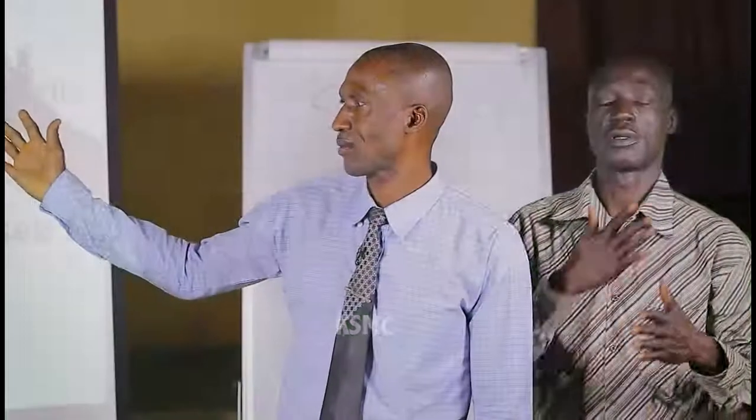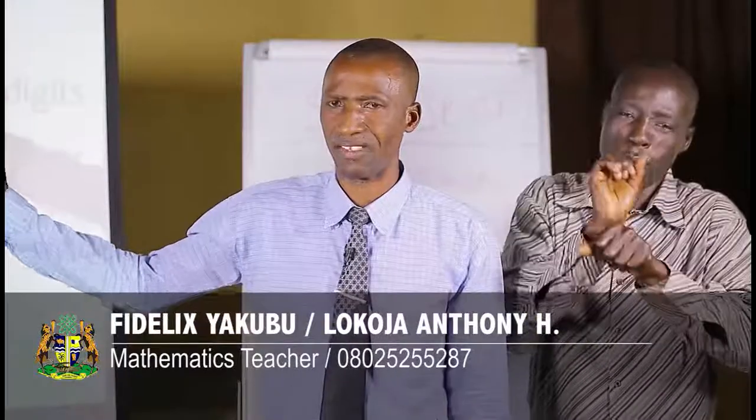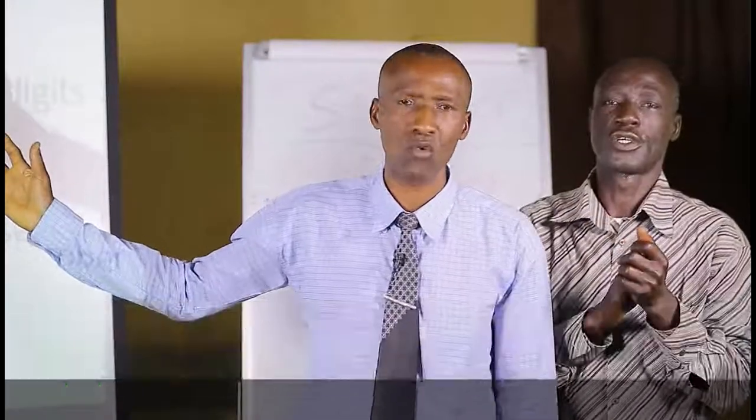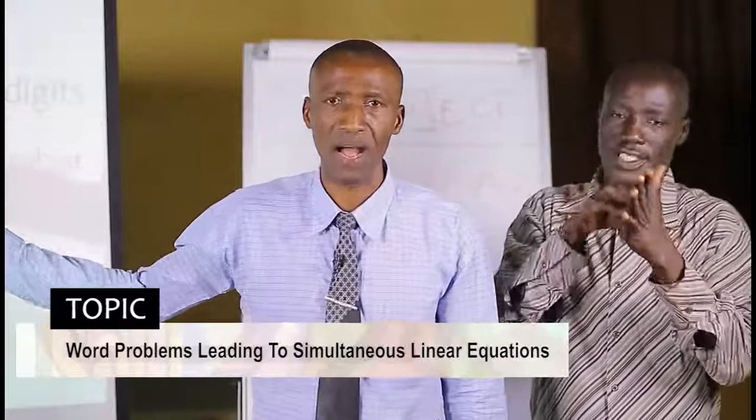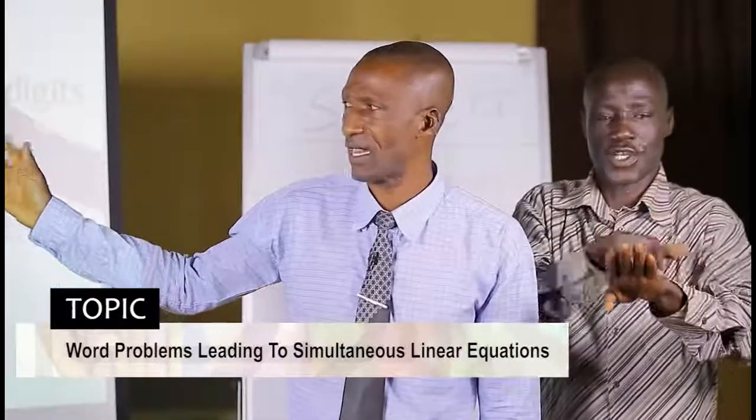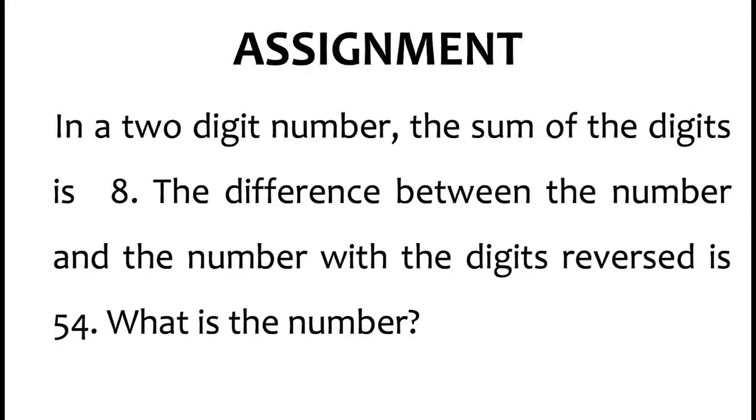My dear students, before we stop for the day, I have an assignment for you. Ensure you work on this assignment, please, for proper understanding. The assignment goes: in a 2-digit number, the sum of the digits is 8. The difference between the number and the number with the digits reversed is 54.